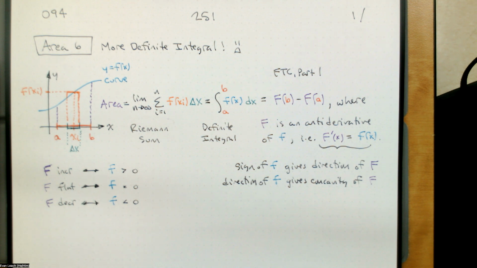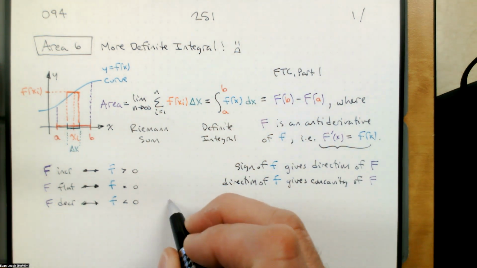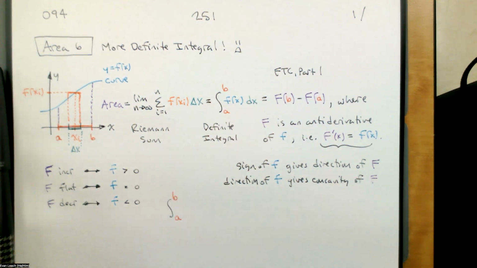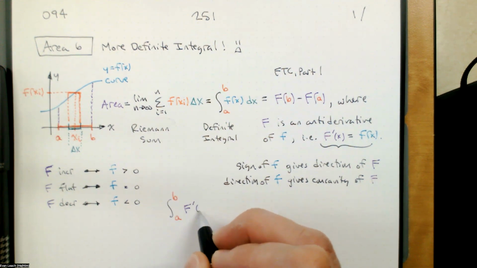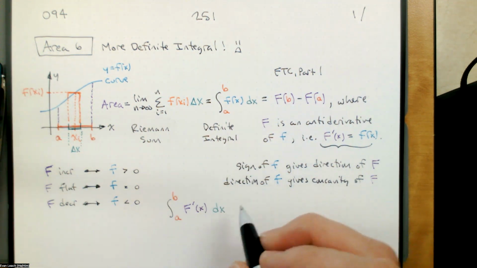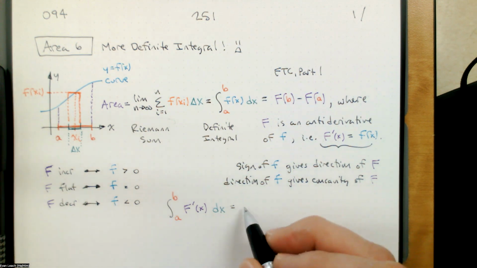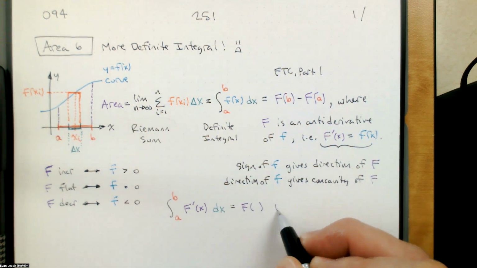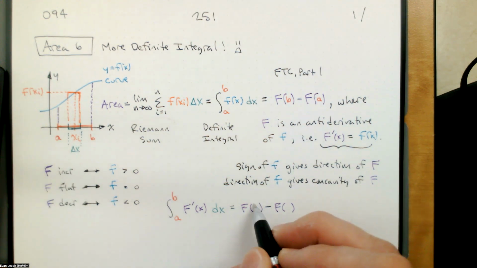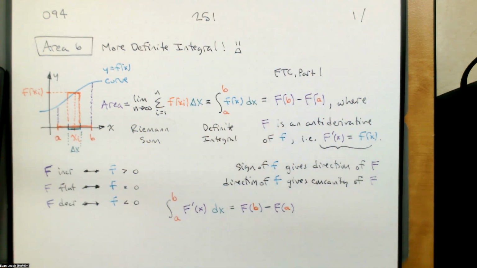So another way we could read this definite integral, or the fundamental theorem of calculus, with this relationship in mind, is we could say the definite integral from a to b of the derivative of capital F. So here we are including that antiderivative relationship in the statement of the fundamental theorem of calculus.